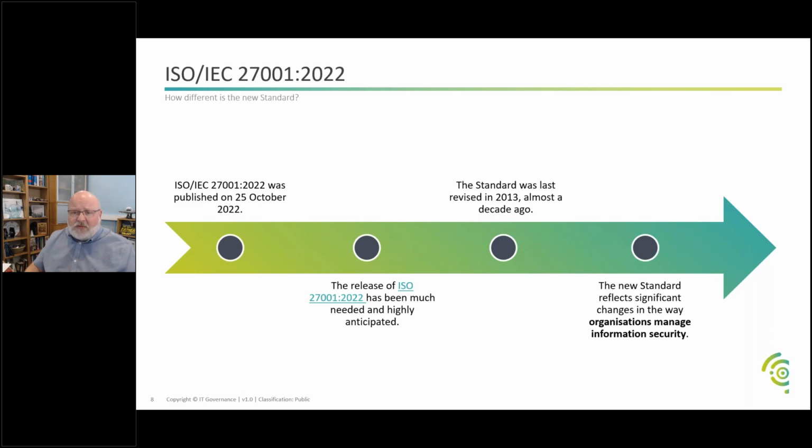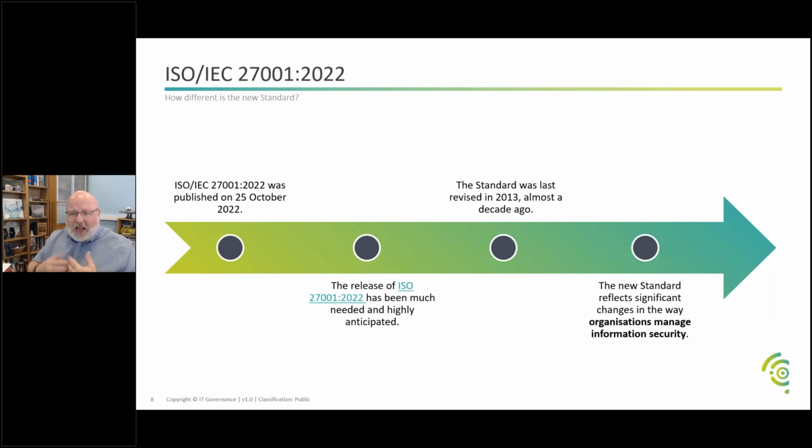Because of the way the industry is changing from an information security point of view, it did need updating. Although it's always tried to be technology agnostic and almost vague in the way it describes things, giving complete flexibility for organisations, it was last updated in 2013. So ISO standards are meant to go through a 5-year refresh, and my math's not particularly good, but that's definitely more than 5 years.